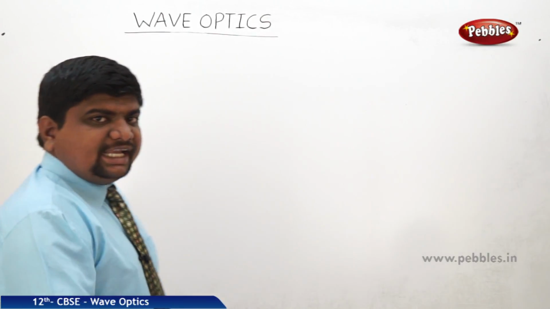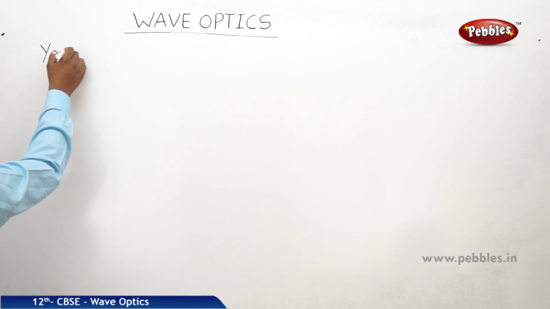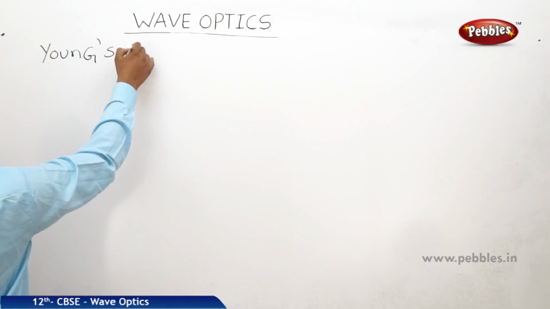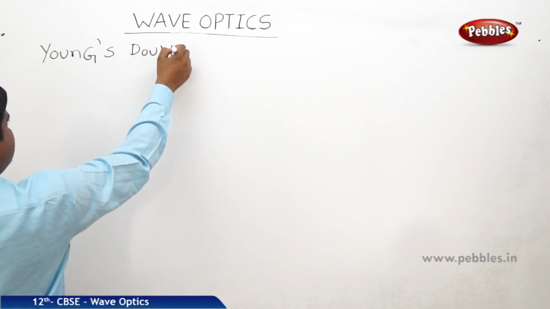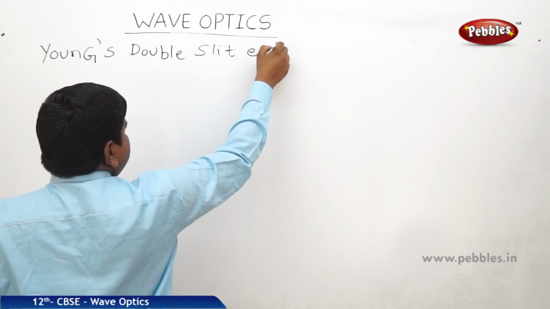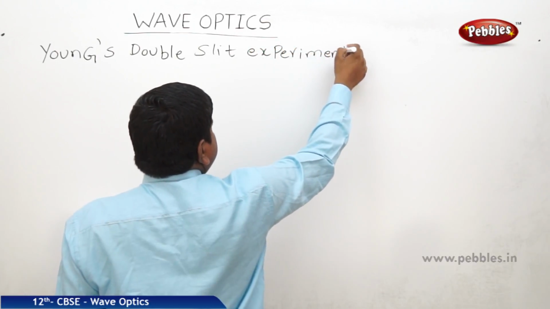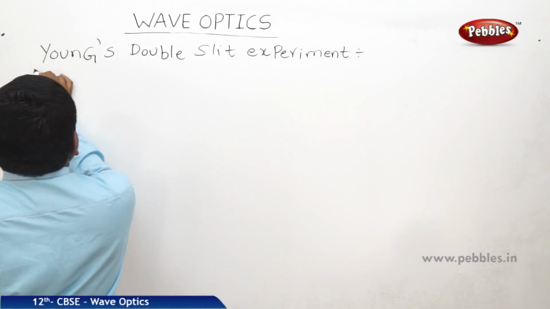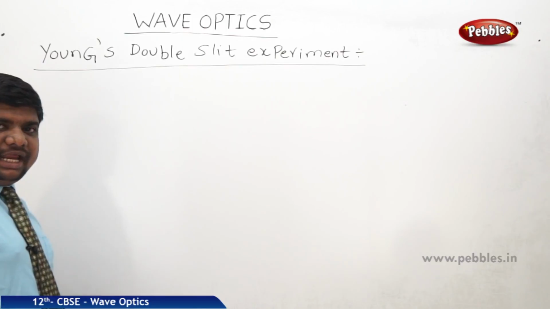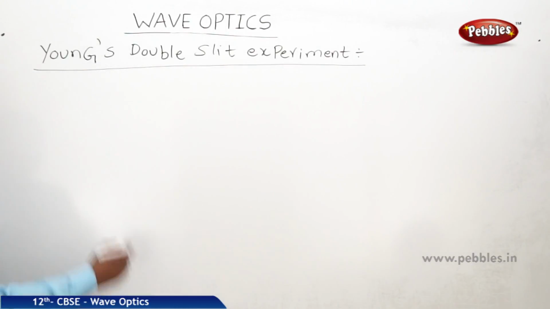The next one is Young's double slit experiment. So what we can understand in this question, there is a source of light.